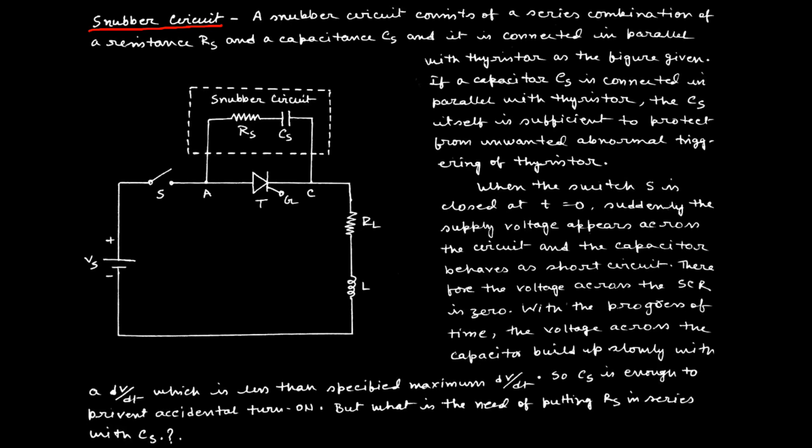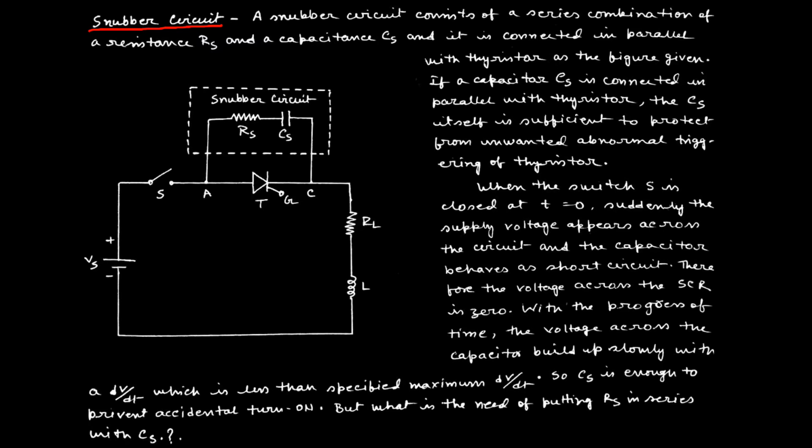When the switch is closed at time t equal to 0, suddenly the supply voltage appears across the circuit and the capacitor behaves as a short circuit. That is the normal characteristic of the capacitor.